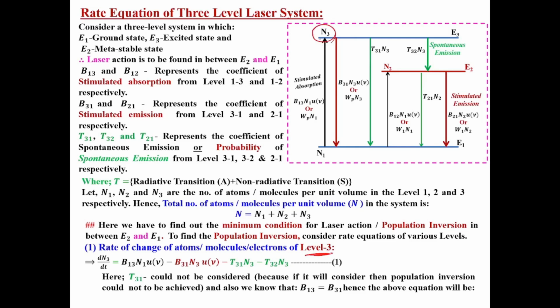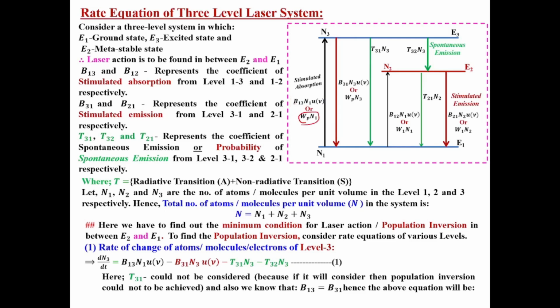So the rate of change of N3 with time is equal to this one, plus B13 N1 U mu, which represents the rate equation due to stimulated absorption, or it can be represented by WP N1.